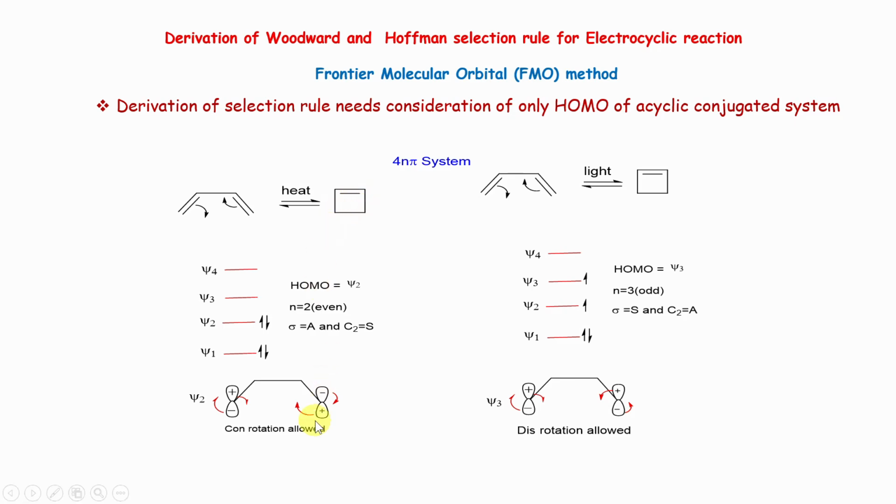And so we can say the thermal interconversion of butadiene to cyclobutene via conrotatory process is a symmetry allowed process.